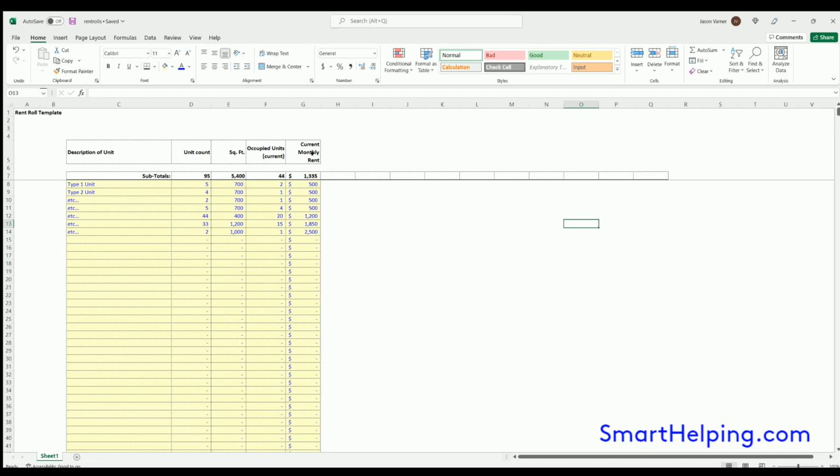Now you could also put monthly rent per square foot. And in this case, the number is a calculation, so we'll put a gray with black text, and we'll say if error, otherwise take the monthly rent divided by the square feet.